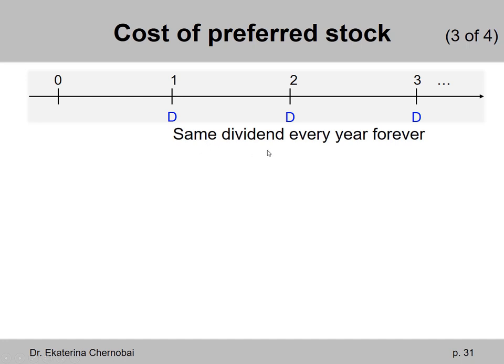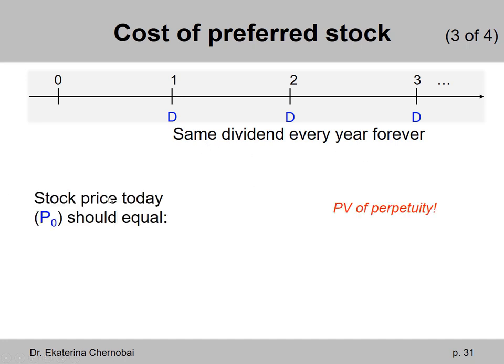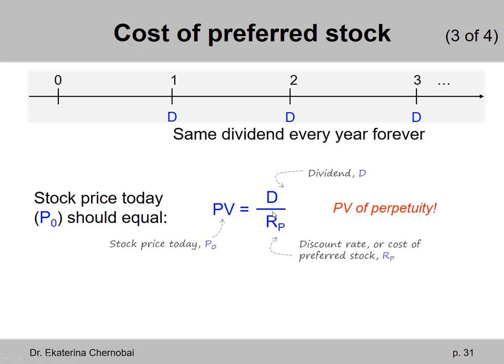Because it's the same dividend every year forever, to find the stock price today, denoted by capital P subscript 0, where 0 stands for year 0, we need to find the present value of this perpetuity of dividends, which never end.